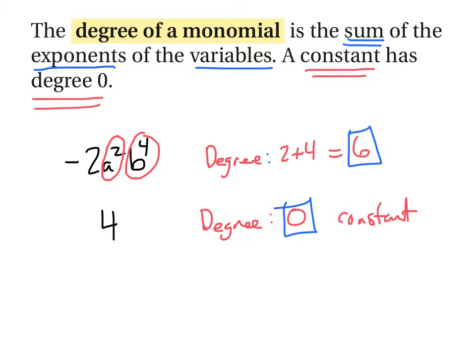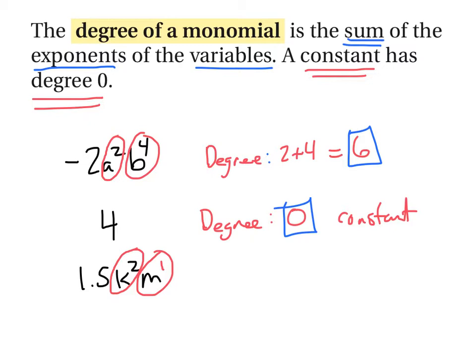And let's try something else. What about 1.5 k squared m? Well, to get the degree of this, we have to look at the variables. This k has an exponent of 2, and this m, even though it's not written, has an exponent of 1.